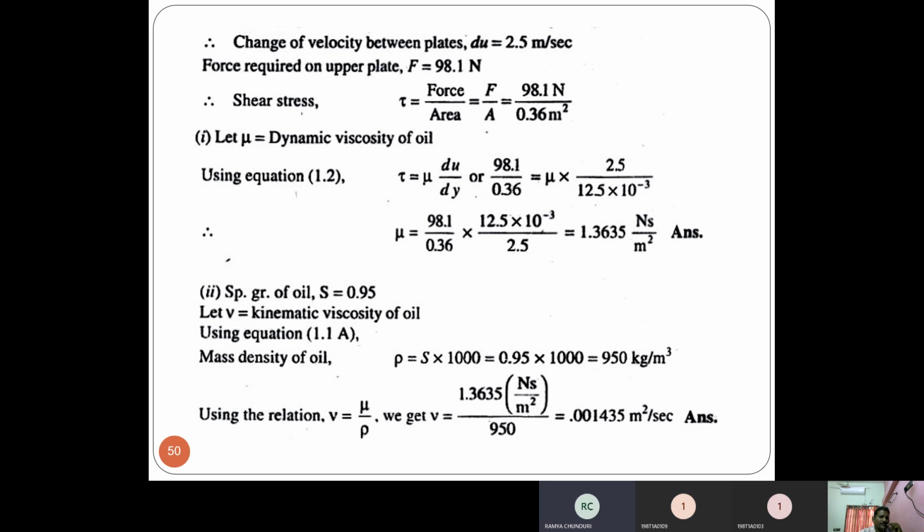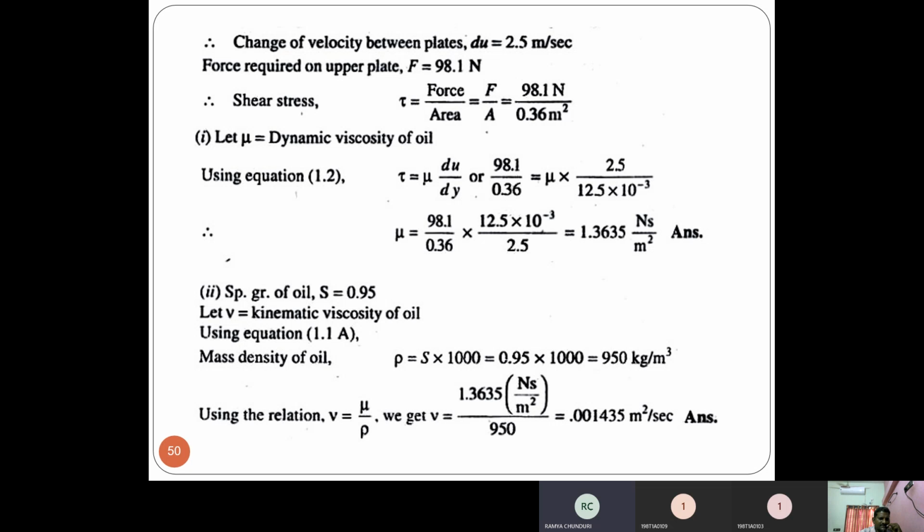Our tau value given, 98.1 by 0.36, is equal to mu into du by dy value. du is 2.5 and dy is 12.5 into 10 to the power of minus 3. So from this expression, we can calculate mu is equal to 1.3635 Newton second per meter square. Dynamic viscosity we calculated.